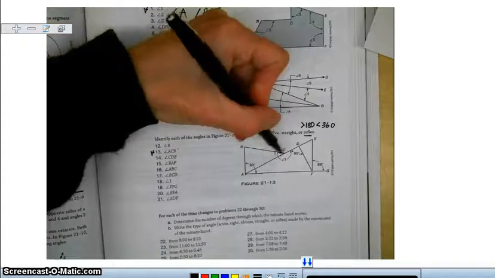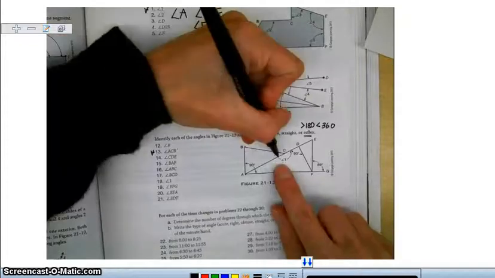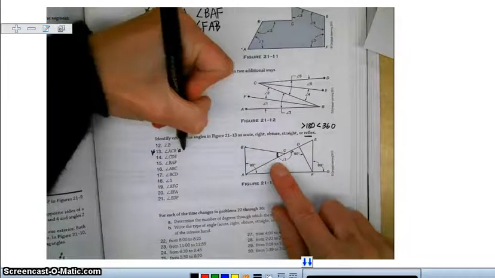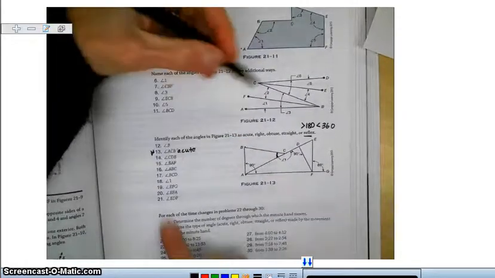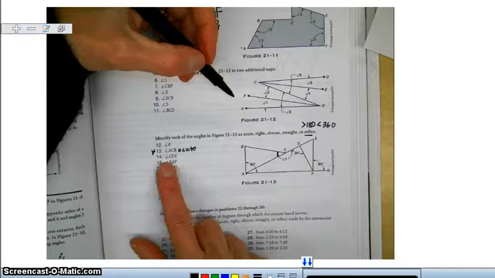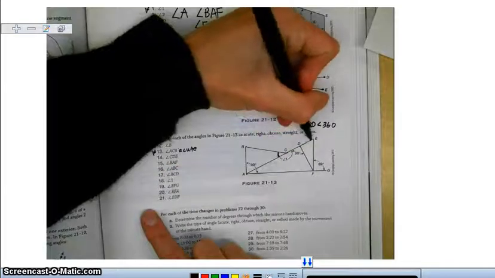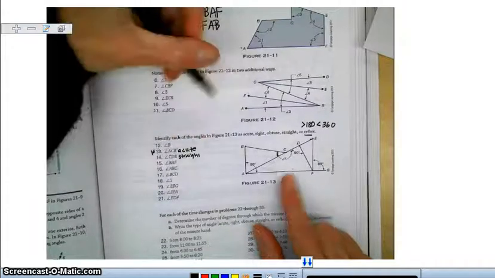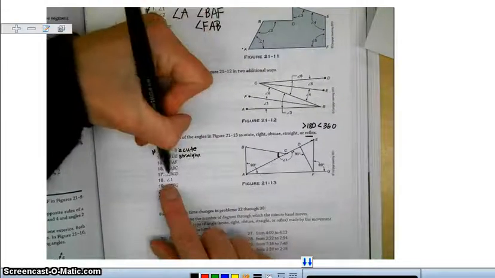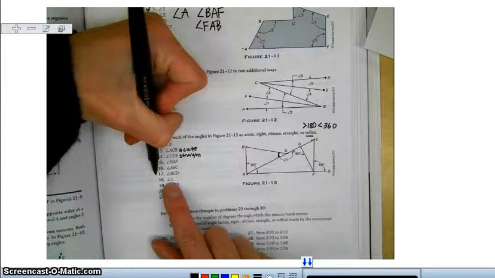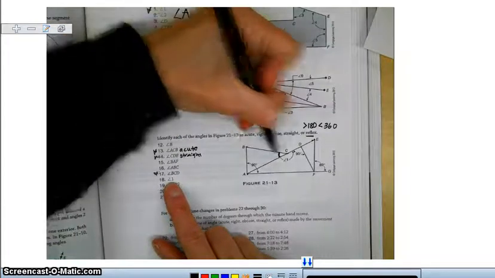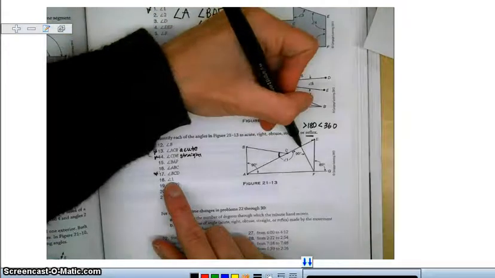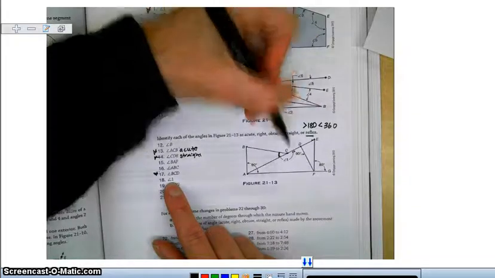So I'll probably look at a couple of these. So angle ACB is that little angle right in there, that's acute. Okay, if I look at angle CDE, that is a straight angle because it makes a straight line. Angle BCD, number 17, you know, you could classify that either way.